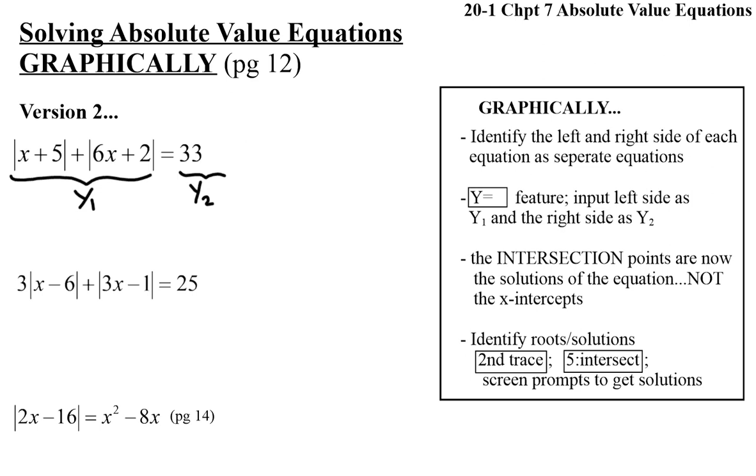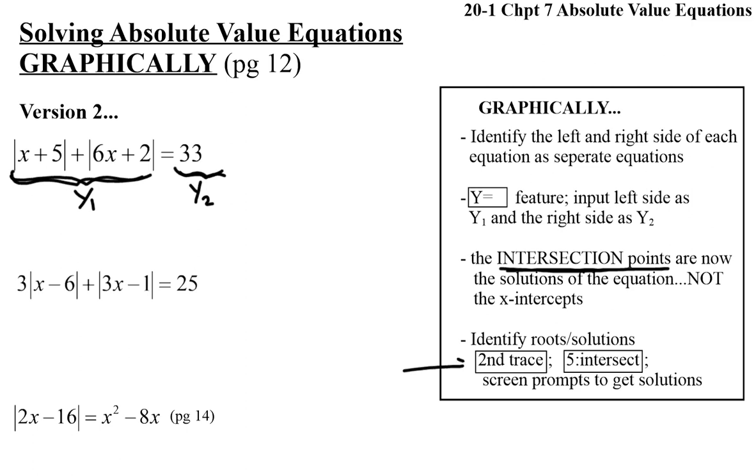And just like last year with systems of equations in the grade 10 course, remember in grade 10 when you had two lines and you wanted to know what the solution was? Where they intersected was your solution. Well, it's the exact same thing with this. I'm inputting two graphs, technically the left side and then the right side, and the intersection points are the solutions.